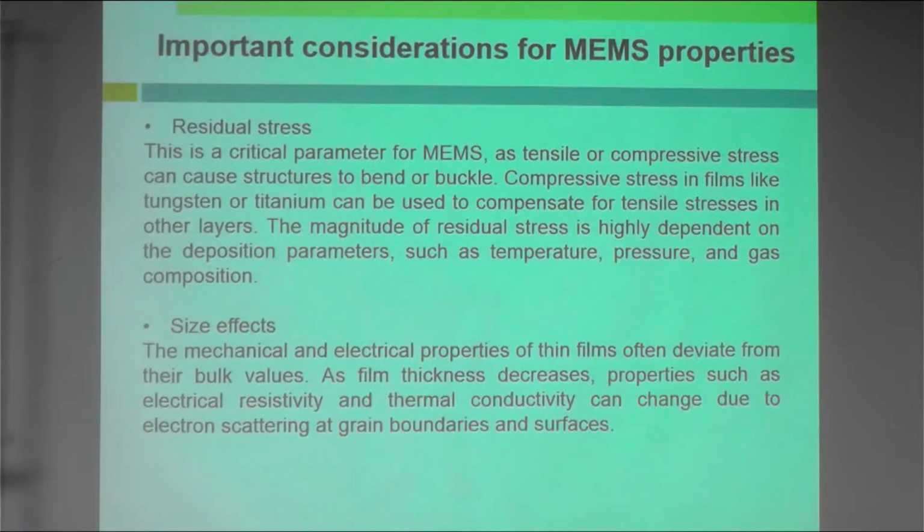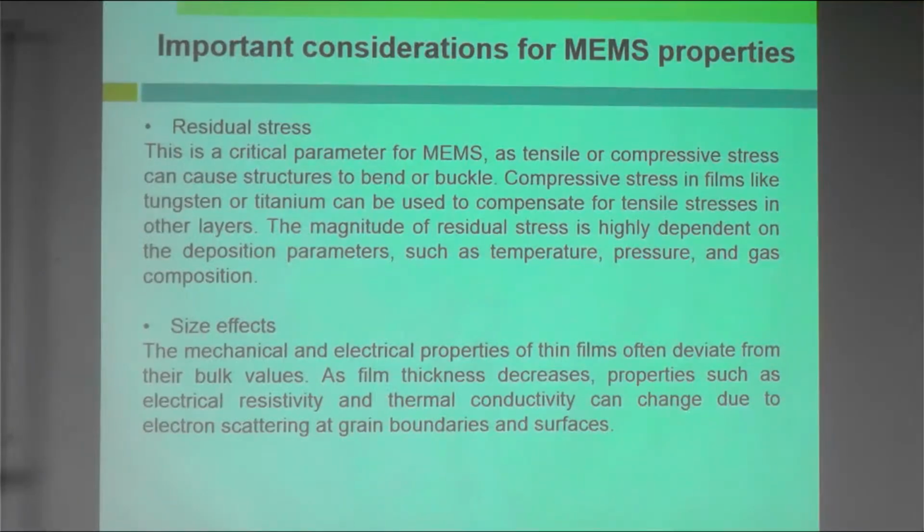When we deposit some materials on top of the structure of the micro devices that we try to fabricate, we are depositing layer by layer. If you talk about CVD or evaporation, for example, when you evaporate the material and it attaches to the surface of the substrate, it's layer by layer.